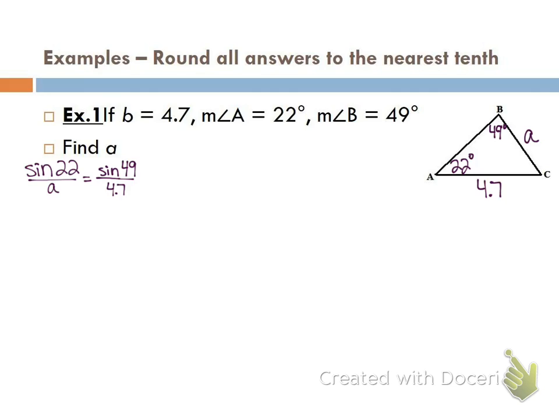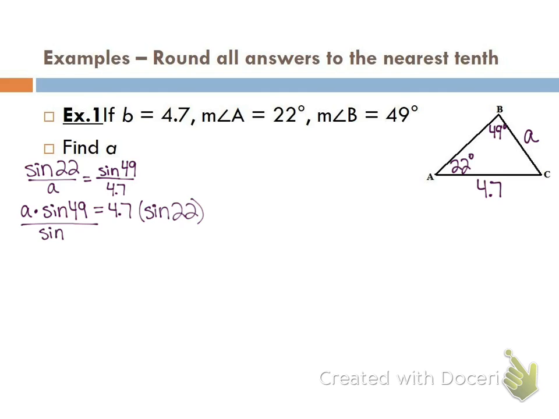Cross multiply. So A is getting multiplied by what? Sine of 49. That's being set equal to 4.7 times sine of 22. In order to get A alone, what will I have to do?